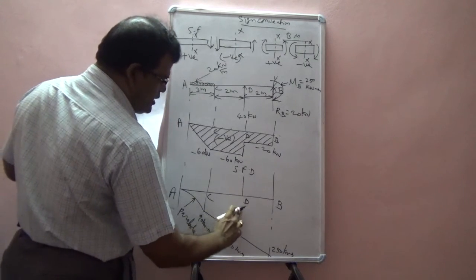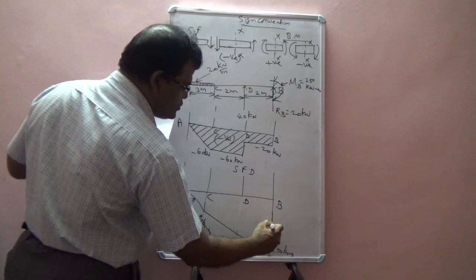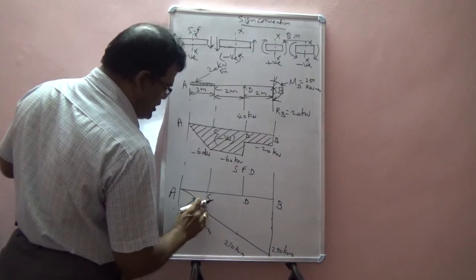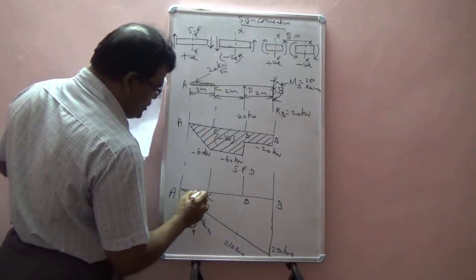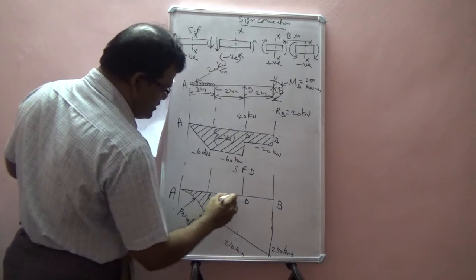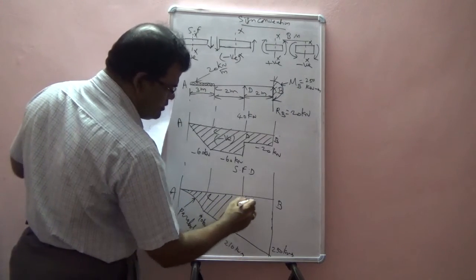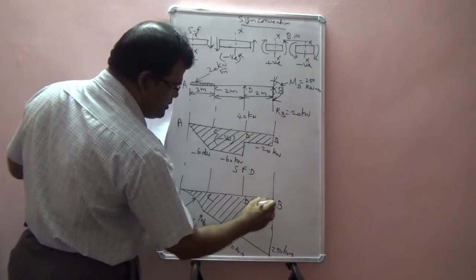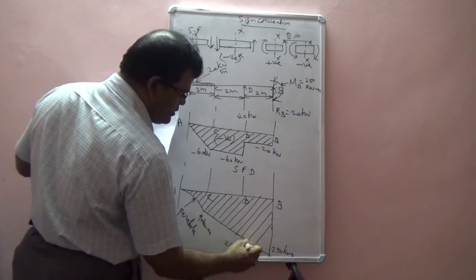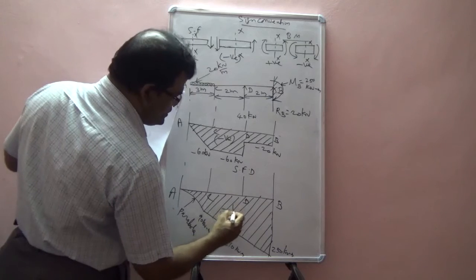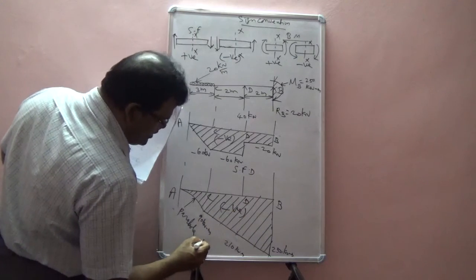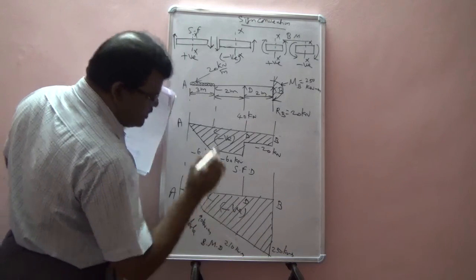So this is the bending moment diagram. So join this, and here you can remove. So you put up the cross hatched lines. Okay. So this is negative. It is a bending moment diagram.